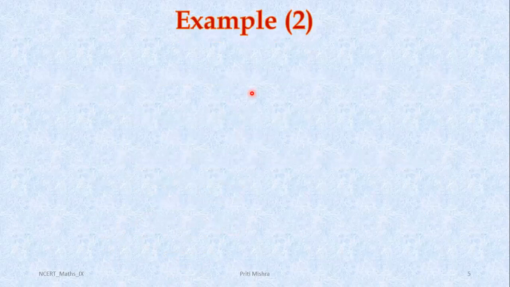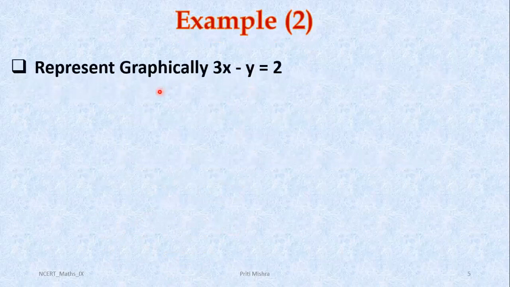Let's have another example. The question is: represent graphically 3x minus y equals 2. As we have to represent this equation graphically, first we need to write it in the form of y equals ax. So y = 3x - 2.